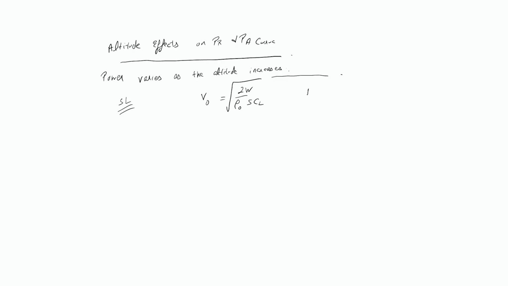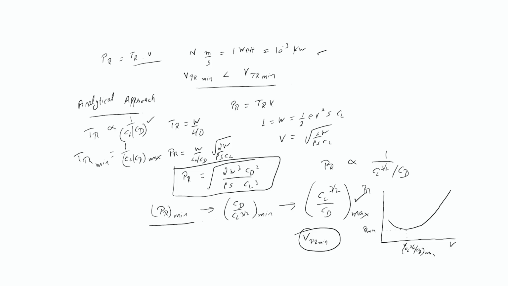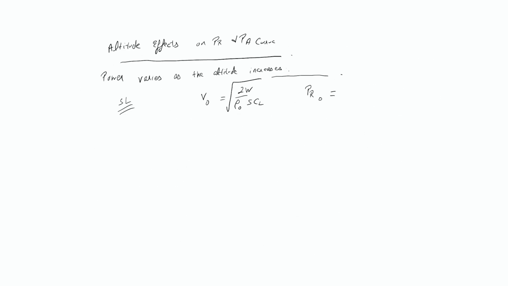And the power required is given as, remember we have derived this expression, power required equals square root of 2W cube CD square by rho naught into S into CL cube. Now what happens at some altitude?